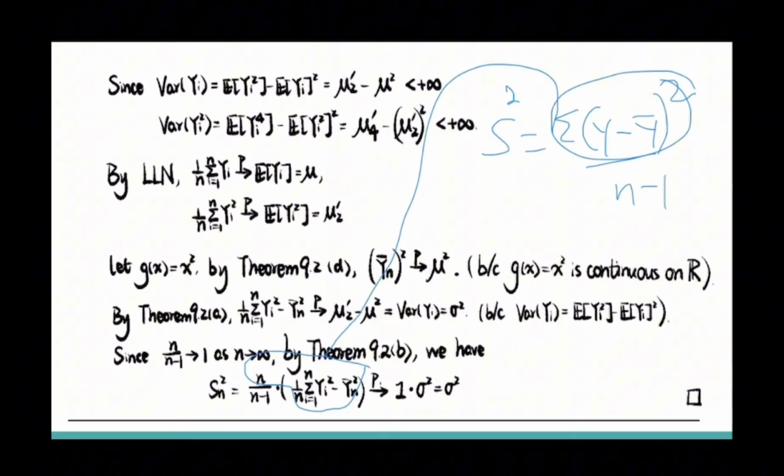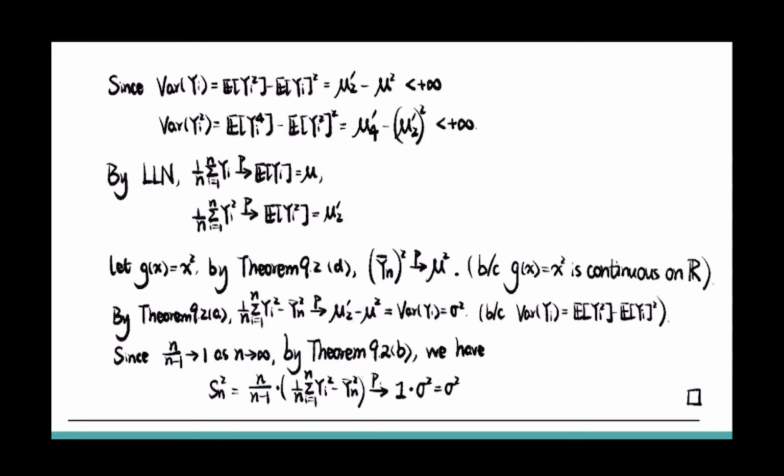And that converges in probability, because for a sufficiently large sample, this factor is going to be 1, and this other term is going to be sigma squared.